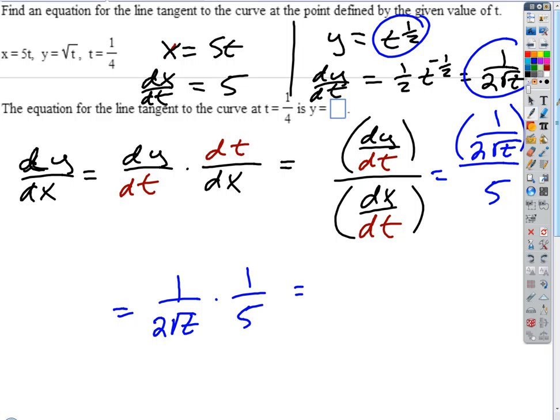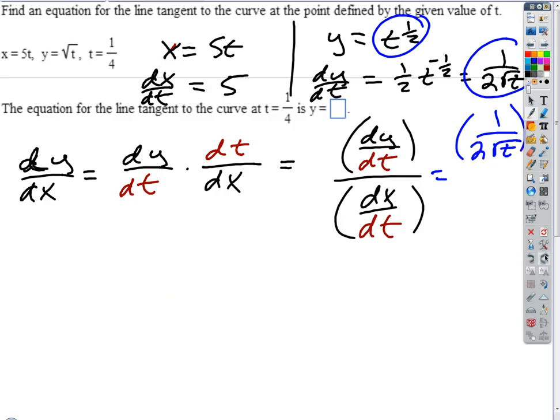So we didn't even have to simplify this thing, did we? This is unnecessary. Once we get the derivative written like this, let's just plug in 1/4. We don't need to turn this into a nice, neat, simplified function. That's just borrowing trouble.